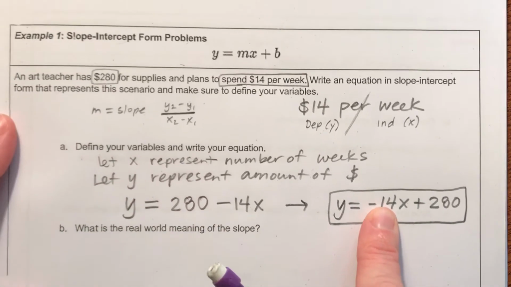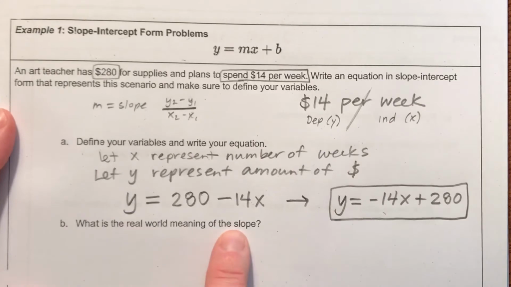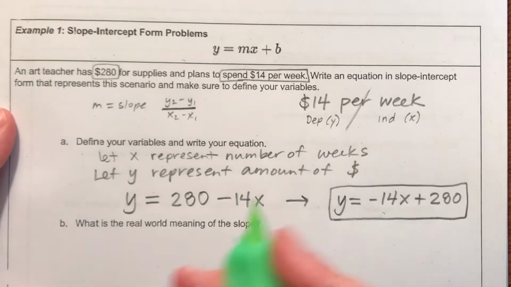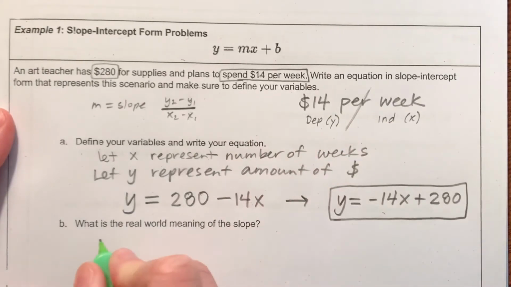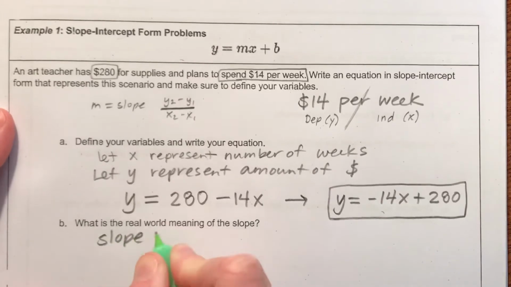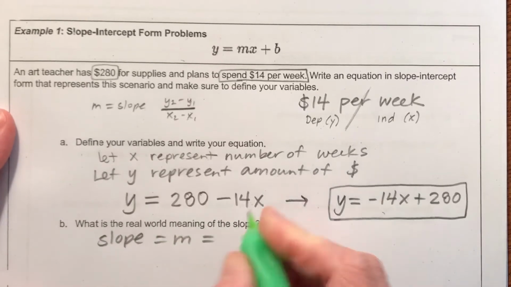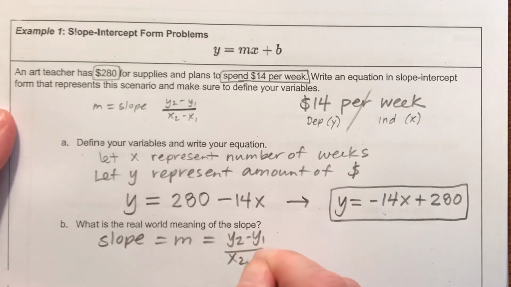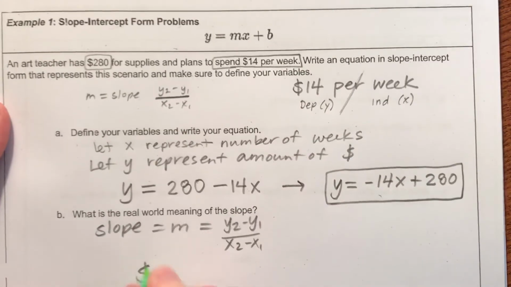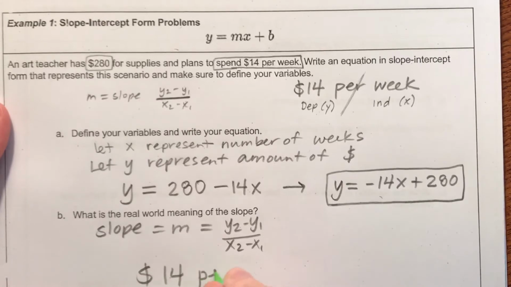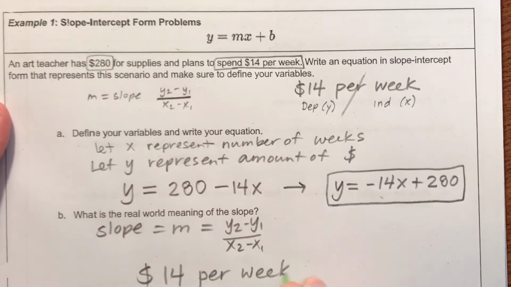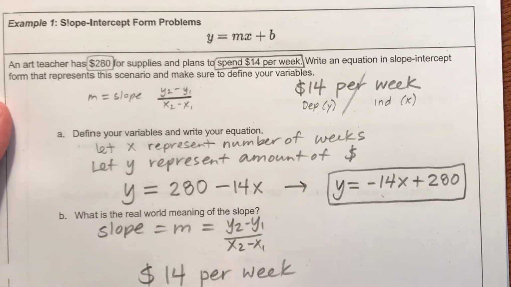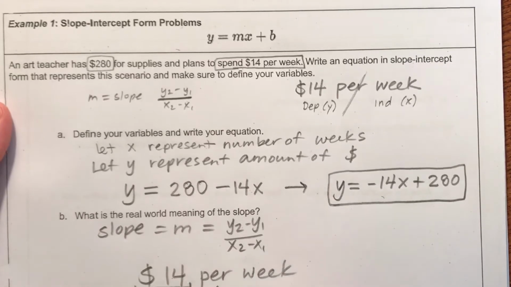Now the next question here says, what is the real world meaning of the slope? And I kind of talked about that up here. So your slope is the m of your equation, which is your y2 minus y1 over x2 minus x1. And my $14 per week represents the change in the y variable per your x variable.